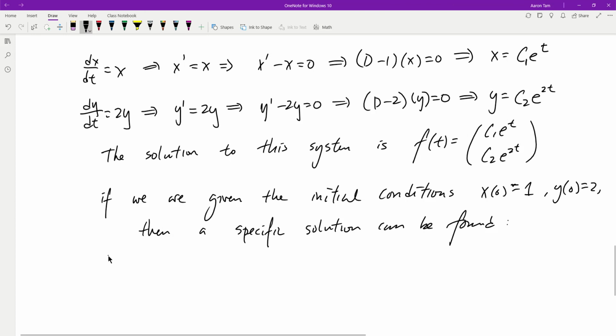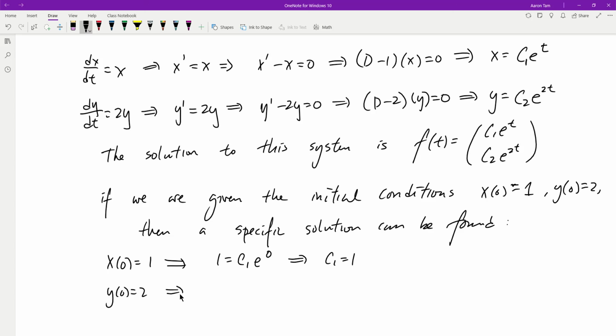Well, if x of 0 equals 1, that indicates that 1 is equal to c1 e to the 0. So therefore c1 equals 1. And y of 0 equals 2 would tell me that 2 is equal to c2 e to the 2 times 0, which is 0. So therefore c2 equals 2. And so that tells me that x equals e to the t, and y is equal to 2e to the 2t.